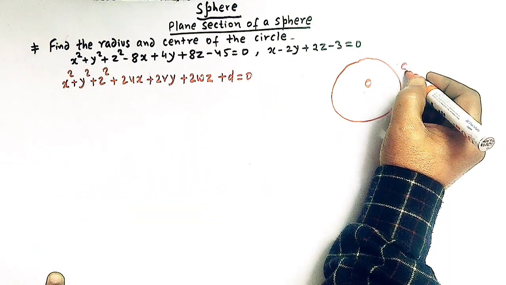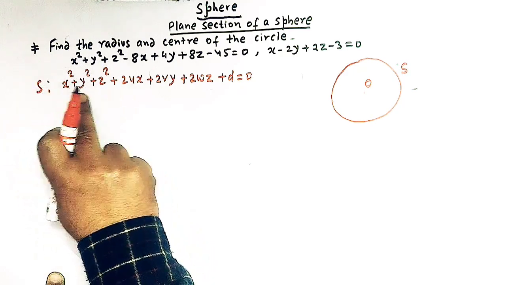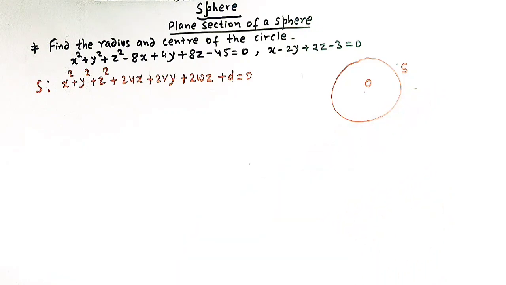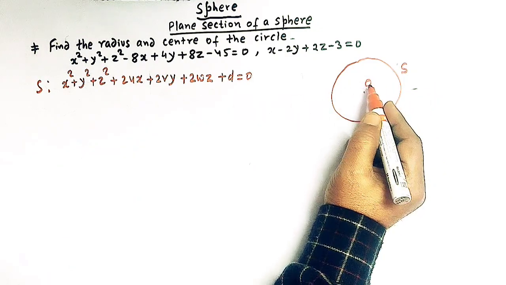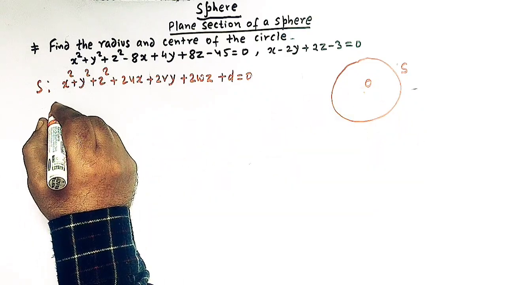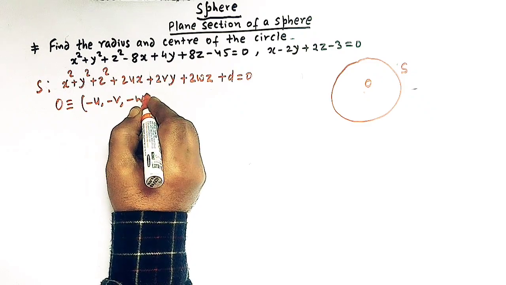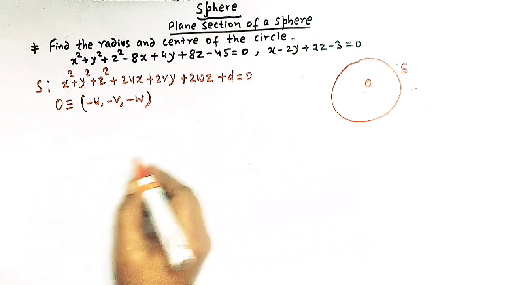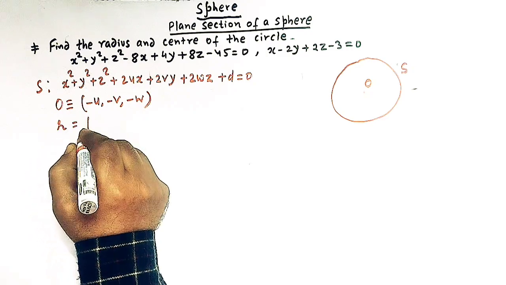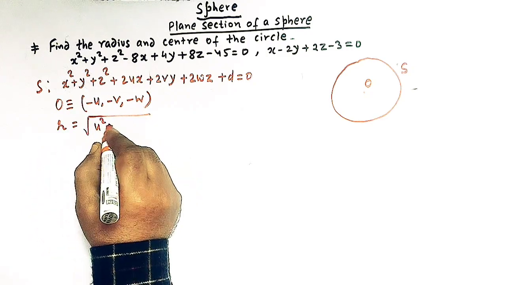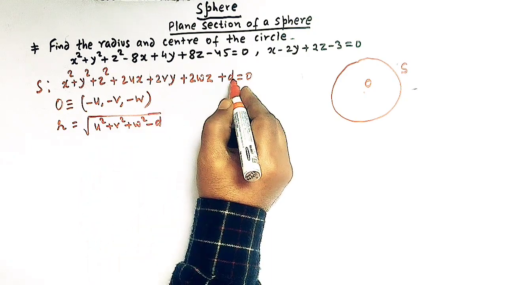Let us denote the sphere by the letter S. So S is the equation of this sphere having center O. The coordinates of the center of the sphere are given by minus u, minus v, and minus w, and the radius of this sphere, say r, is given by square root of u square plus v square plus w square minus d.